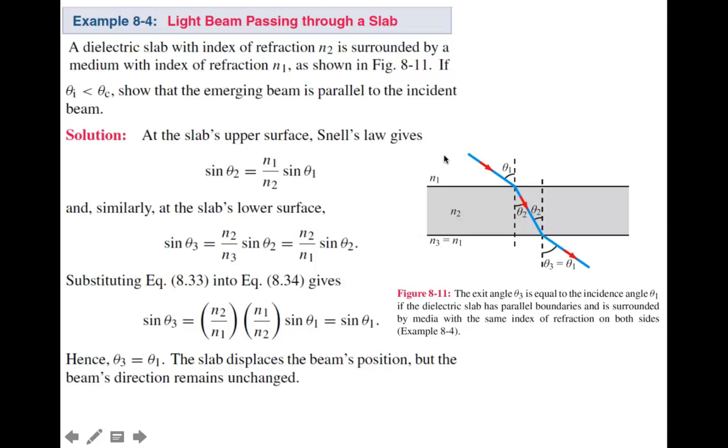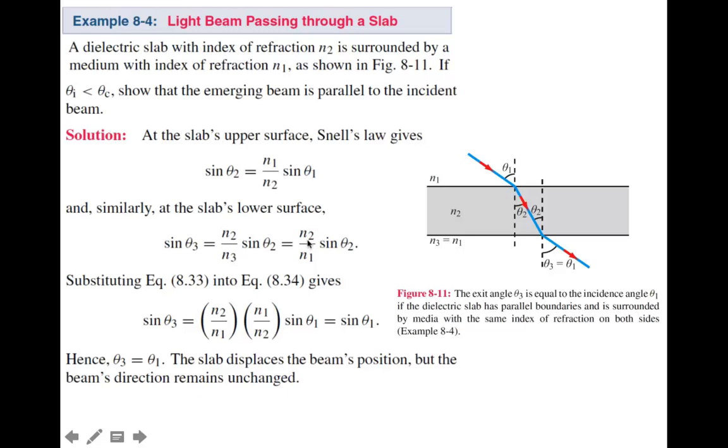If we look at the upper surface, Snell's law determines that the sine of theta 2 is n1 over n2 times the sine of theta 1. At the lower surface, the sine of theta 3, which is the final angle, is n2 over n3 times the sine of theta 2.